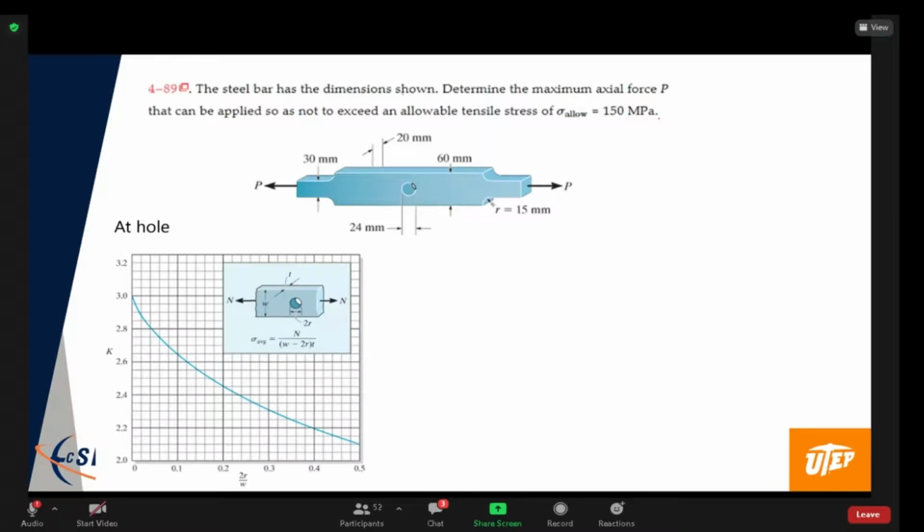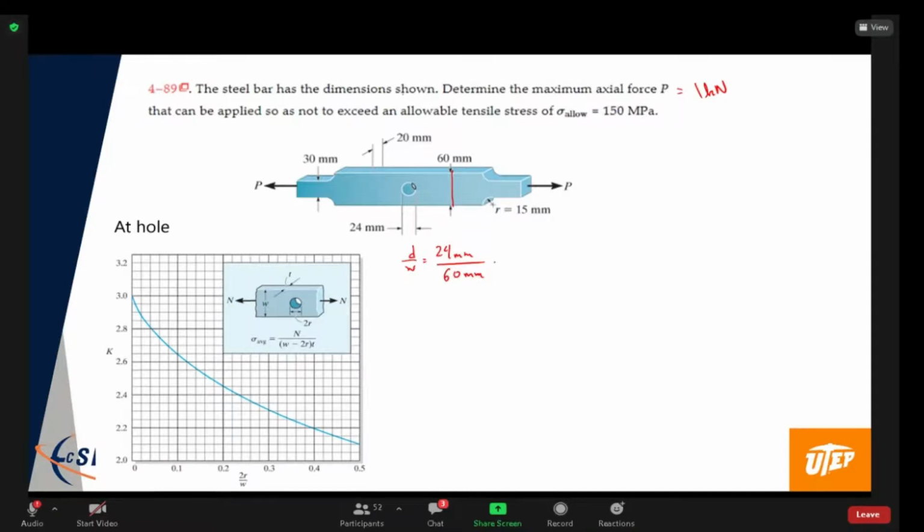All right. So we've got P equal to 1 kilonewton. We're going to assume P is equal to 1 kilonewton. So first, let's look at the hole. At the hole, we need to get the diameter over W. In this case, the diameter is 24 millimeters, and W is this distance here, that is 60 millimeters.